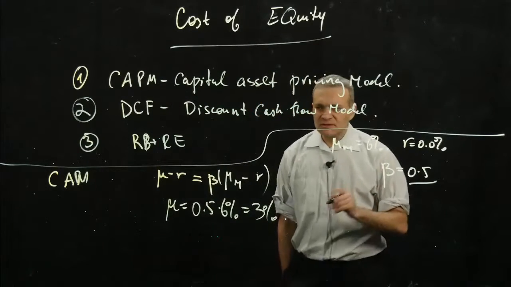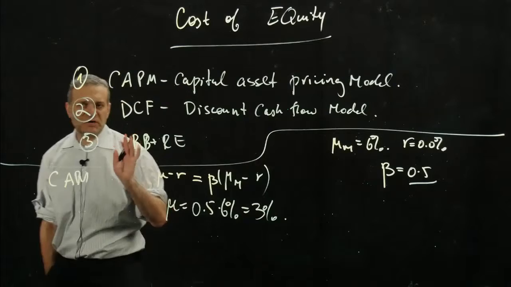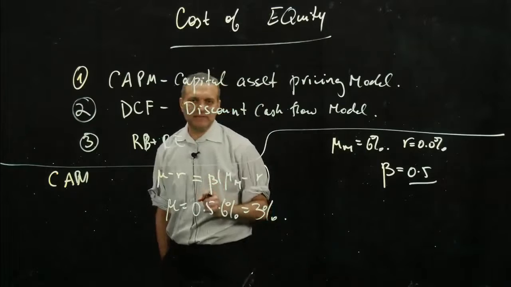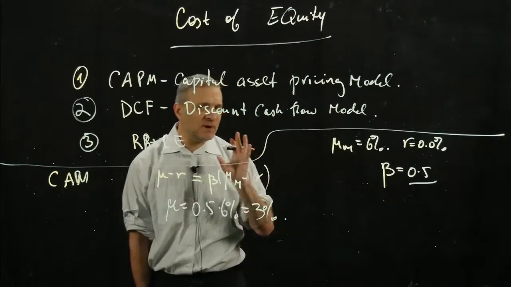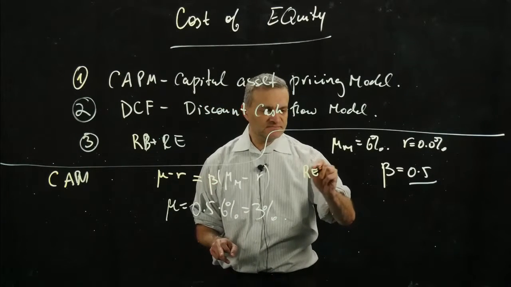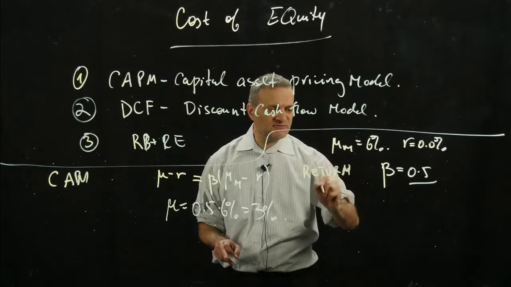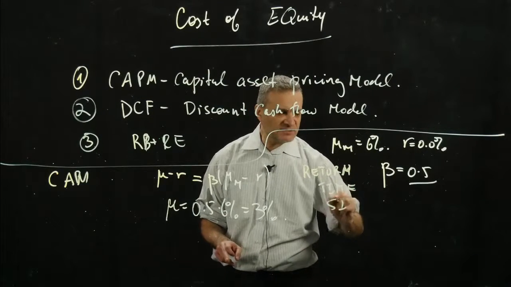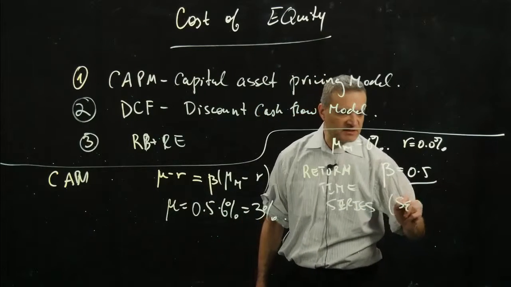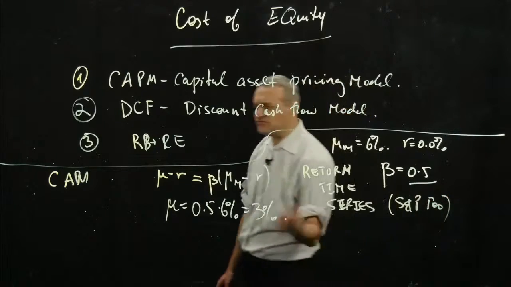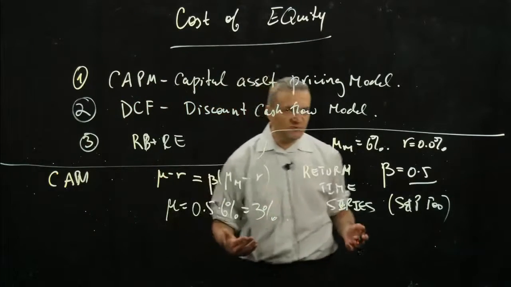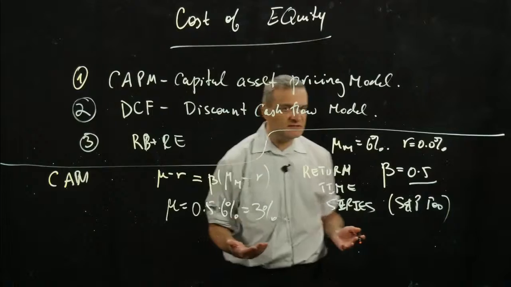This is a way that a lot of corporate people use. Why do they use it? Because it's somewhat public. You can estimate beta from your return time series. You have a return time series for the stock, and for the market, which is represented by the S&P 500, or some other benchmark like the total stock market return, or maybe the Russell index.